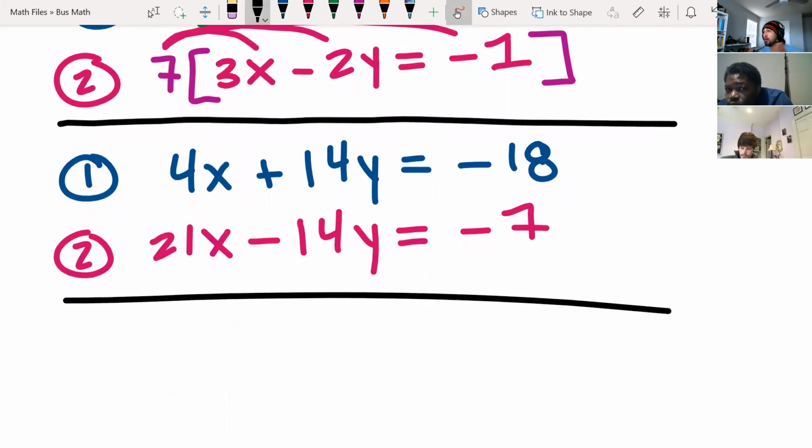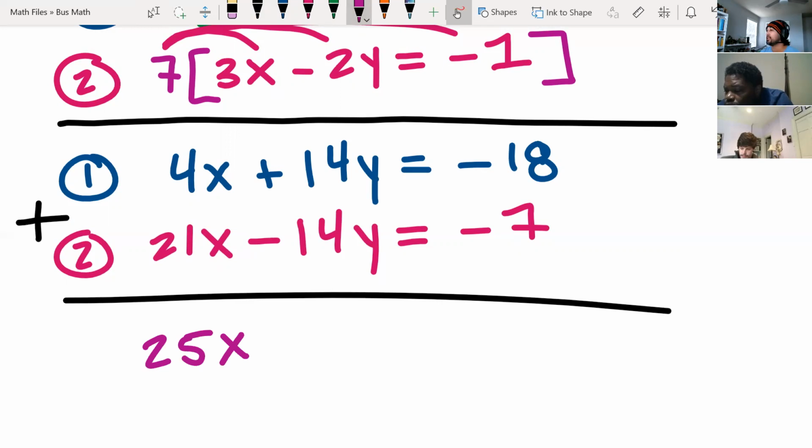And remember, now we're still doing elimination method. All we did was manipulate these equations by finding a common multiple in y. And now we're going to add these two equations together. So when I add that 4x and that 21x, I'm going to get 25x.